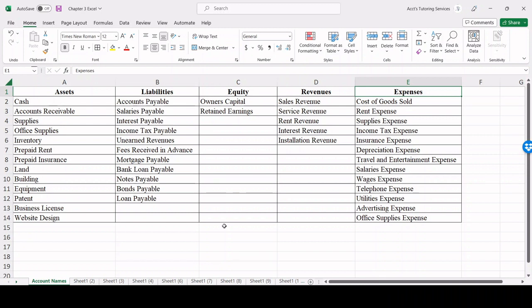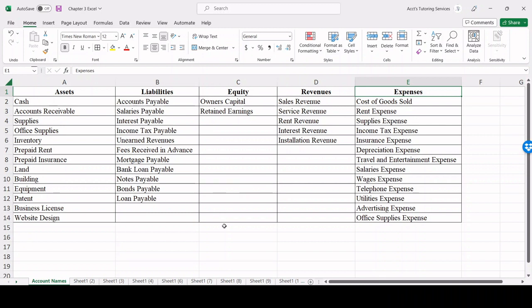So I took the effort to compile a list of not all of them, some of the main accounts that will be used throughout this course. Just keep in mind that these accounts differ from question to question, from company to company in the real world as well. So once again, I don't want you to memorize these accounts.